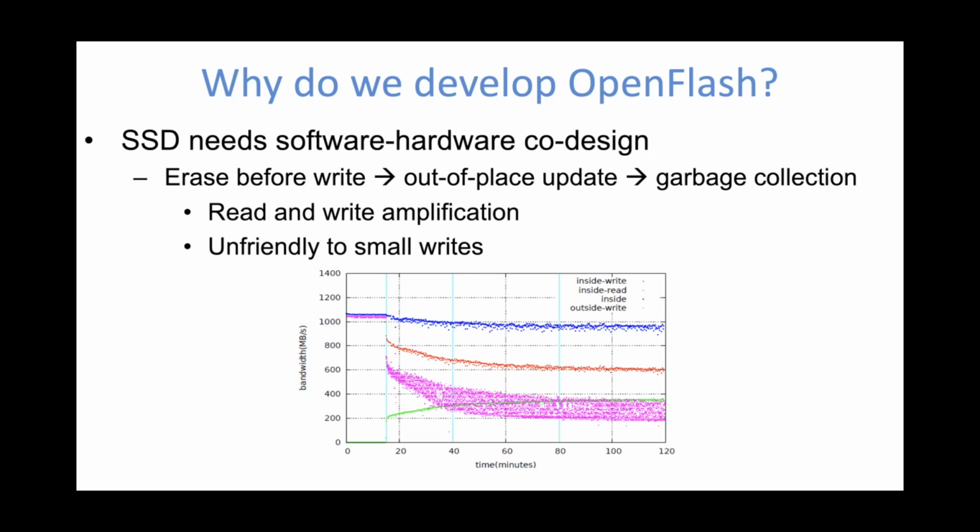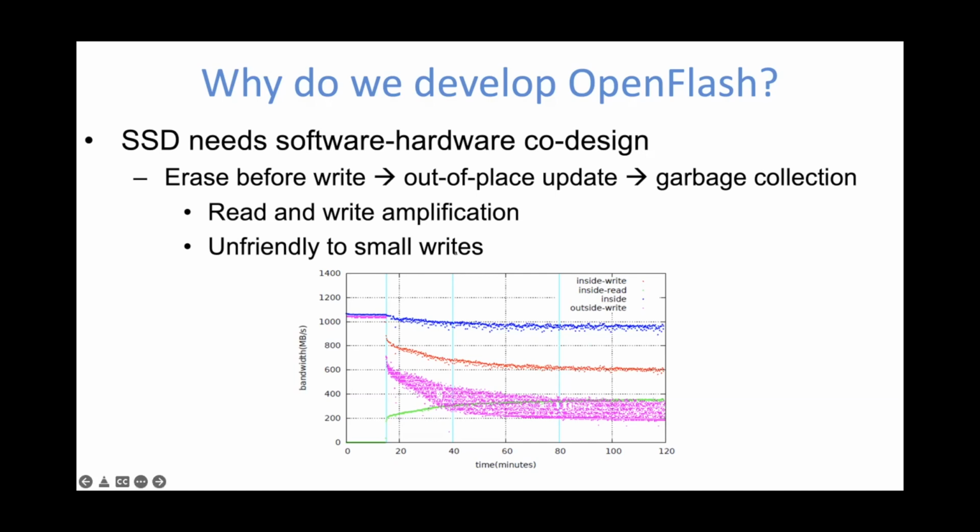However, the invalid data are usually co-located with some valid data. So garbage collection needs to copy this valid data from erasing blocks and then write them back to SSD. This introduces read and write amplifications. This is also unfriendly to small writes.